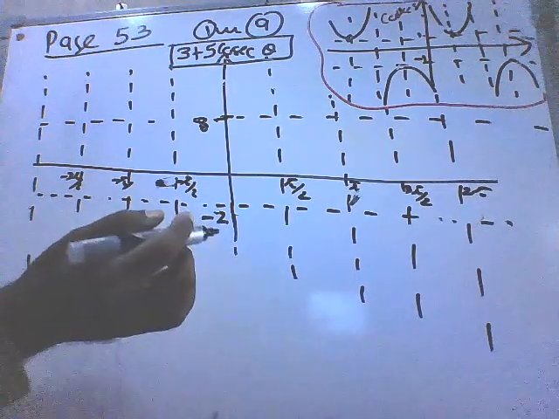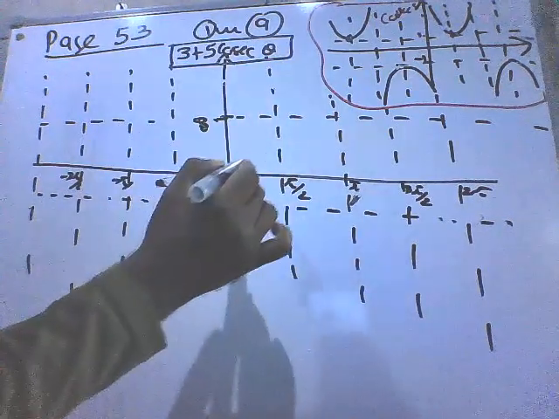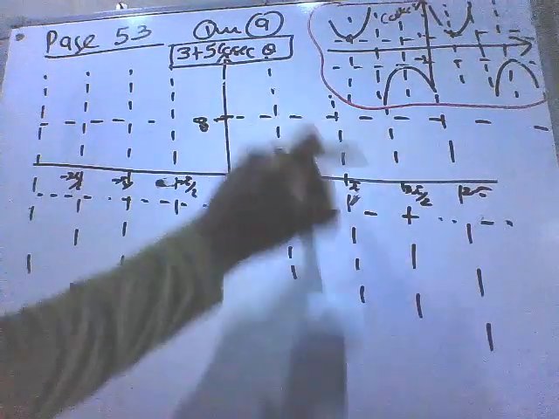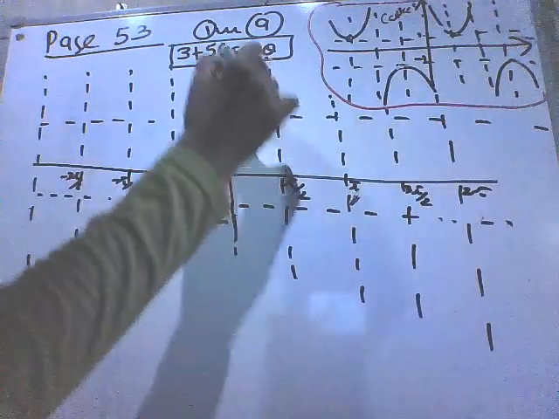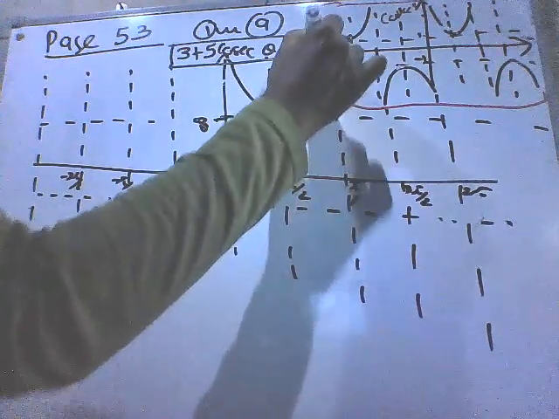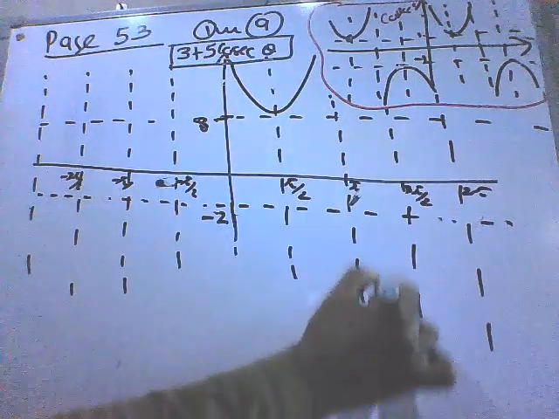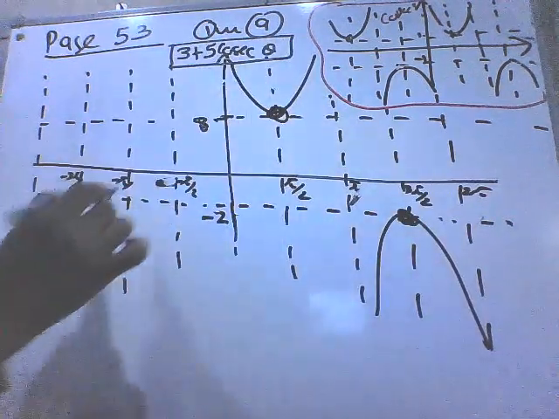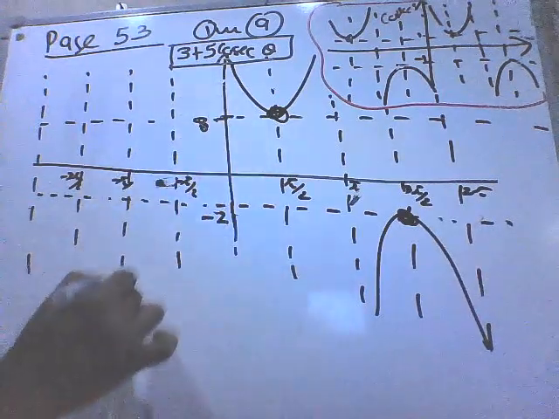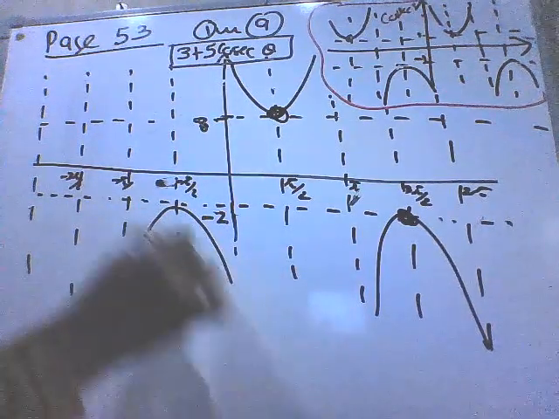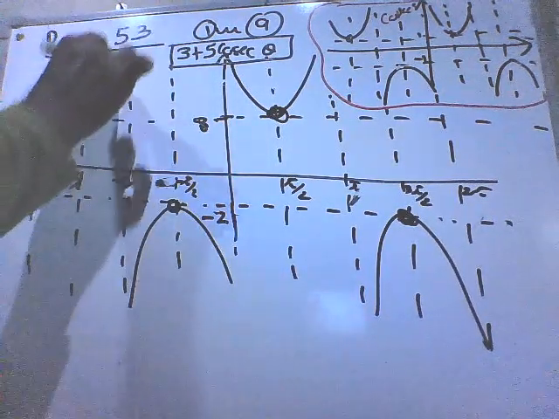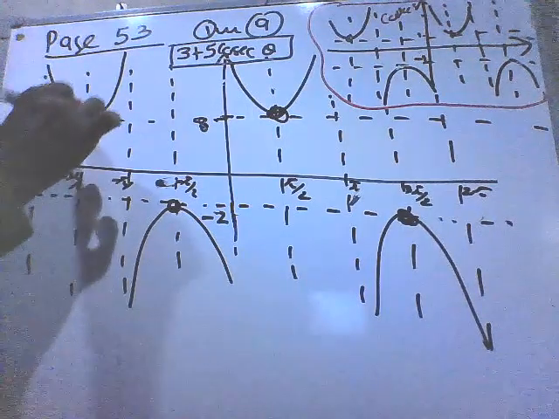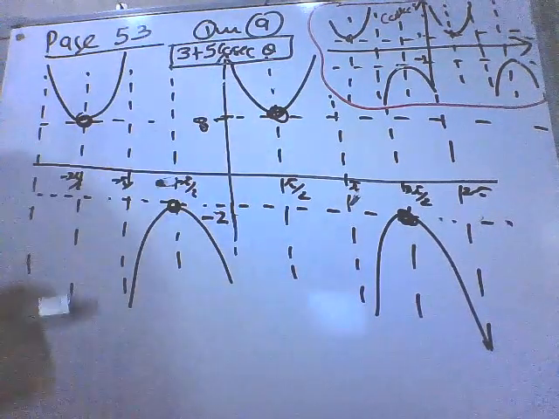So the shape will look like this. Same scenario, at pi over 2 it will have the minimum, and we have to draw like this. This is the graph we should consider, 5 cosec theta plus 3.